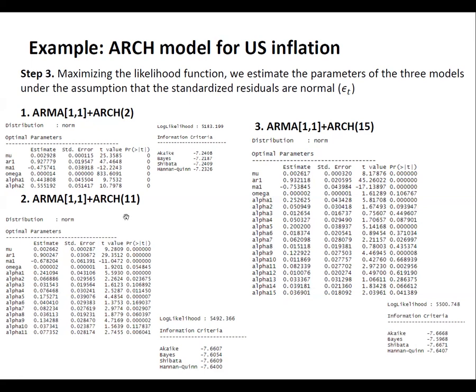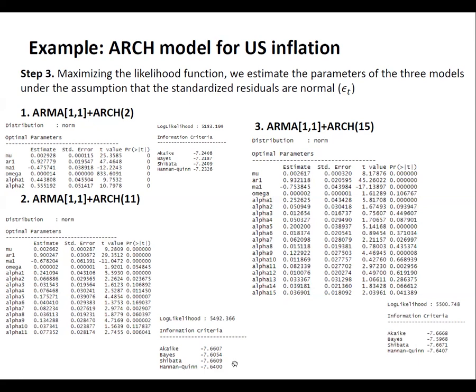Here we get everything the same, only 11 parameters, but we see that log likelihood increases significantly when moving from ARCH(2) to ARCH(11). The same can be seen in all information criteria: ARCH(11) is better than ARCH(2). That is, ARCH(11) is clearly preferred here.